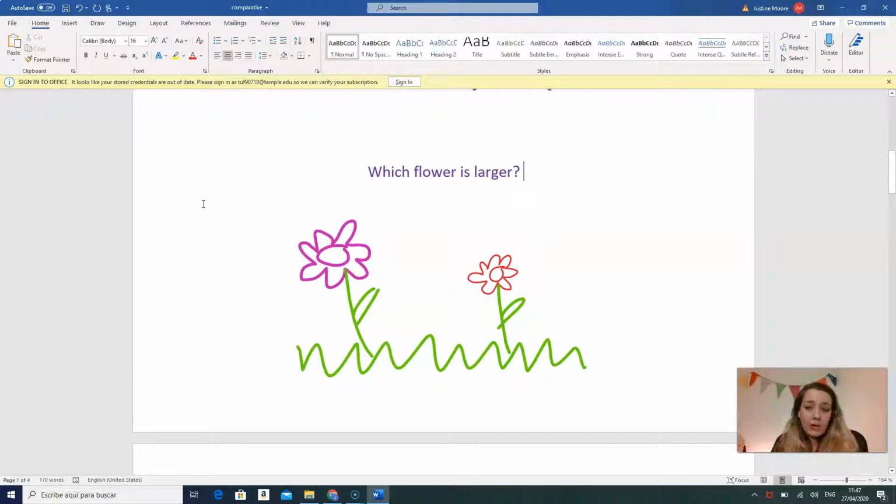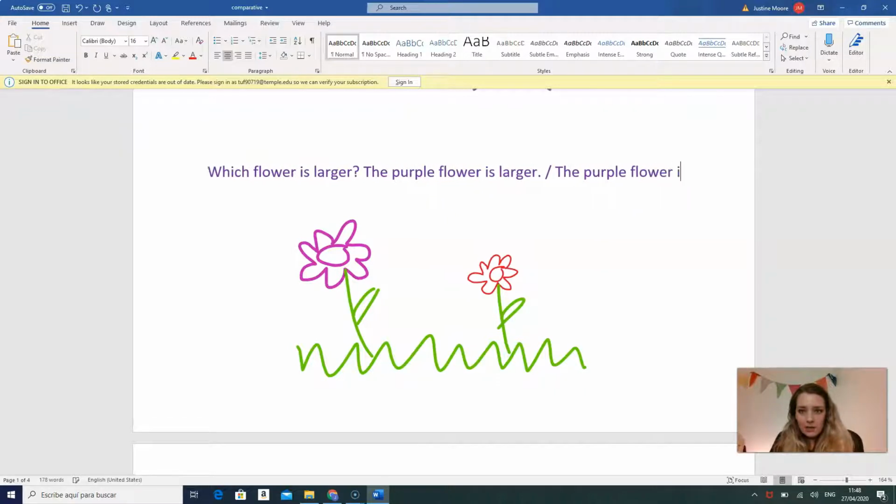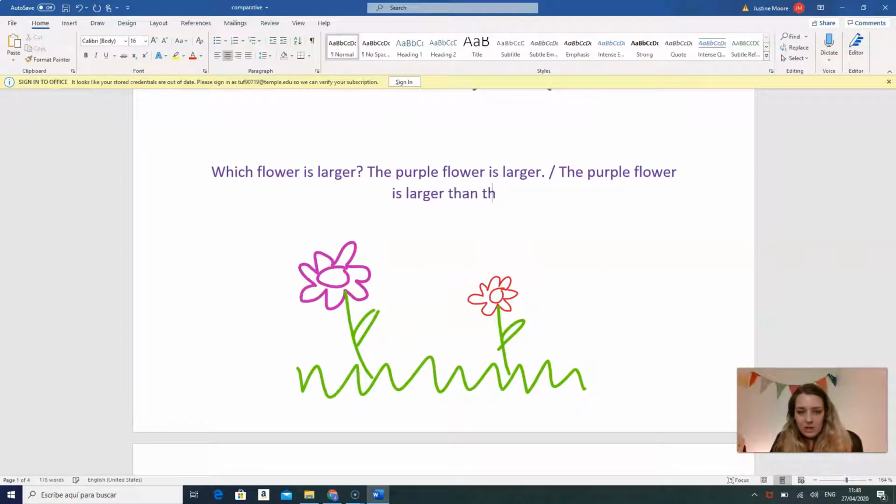The purple flower. So how would we answer this question? The purple flower is larger. So you could either say the purple flower is larger, period, or you could say the purple flower is larger than the red flower. Both are good.